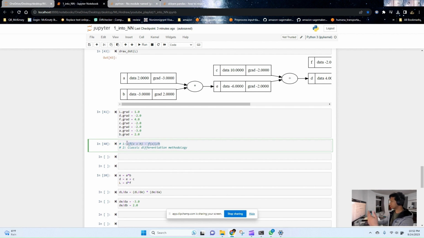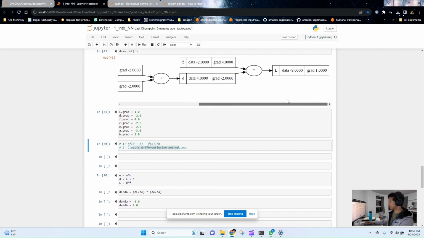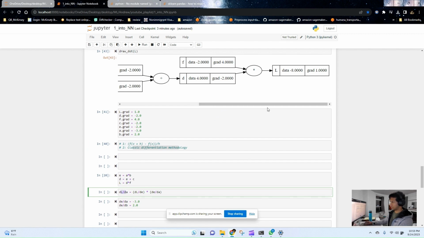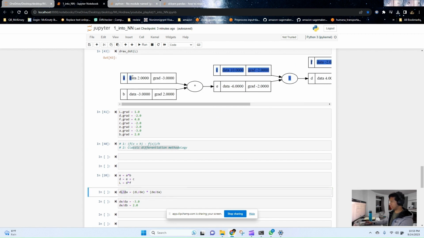We calculated the effect of partial differentiation here. For example, dL by dA, the change in L with respect to A, the input, is equal to dL by dE times dE by dA.